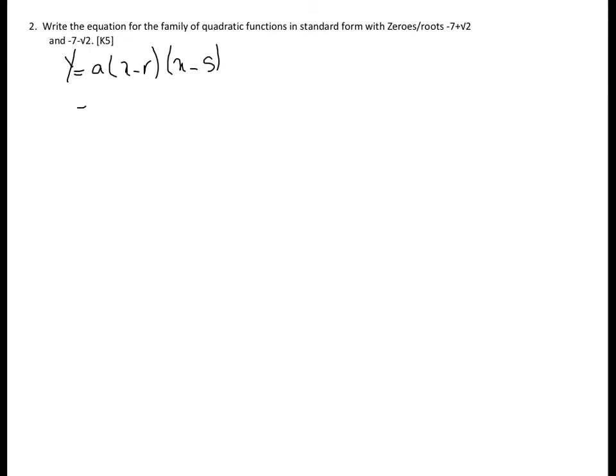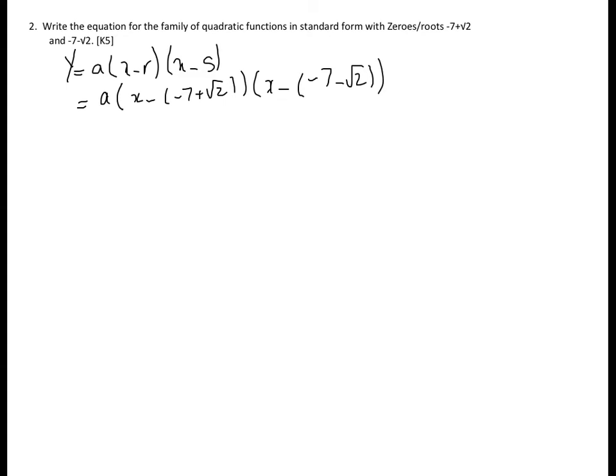So I can write, for this case, a(x minus the first root, which is negative 7 plus square root of 2) times (x minus negative 7 minus square root of 2).